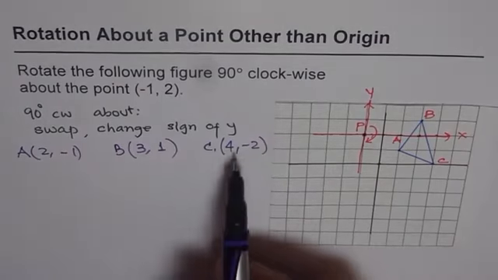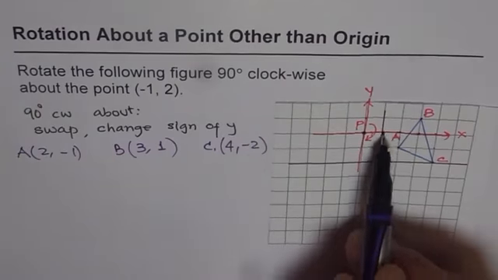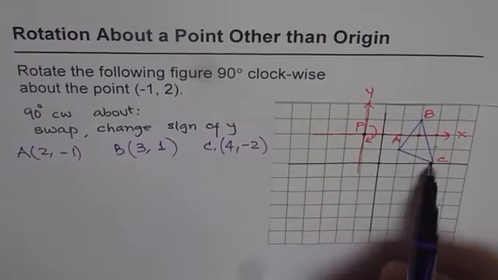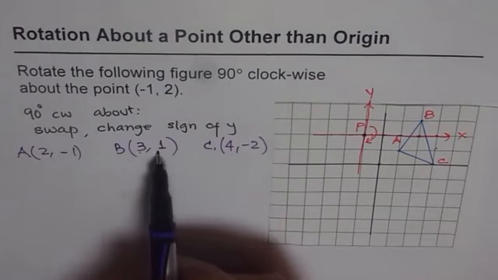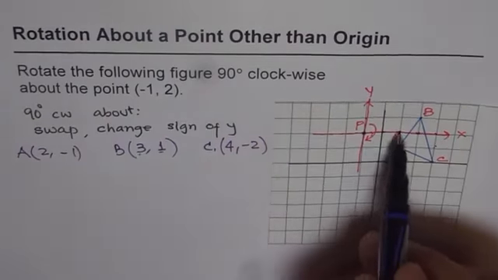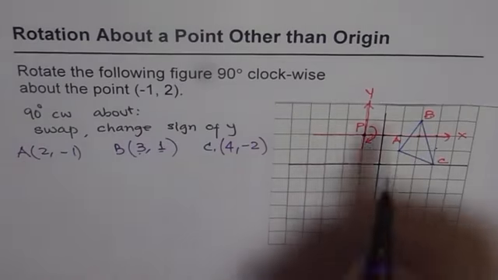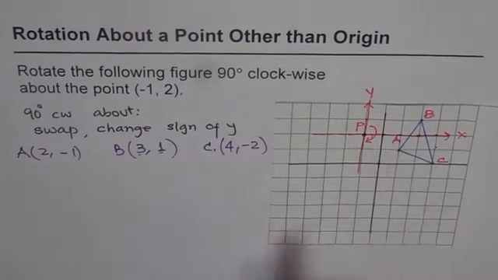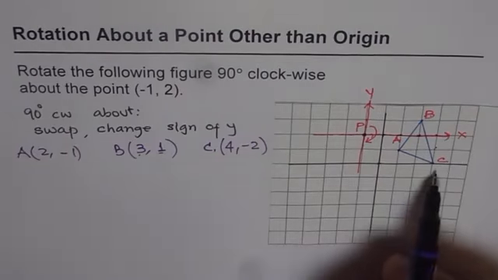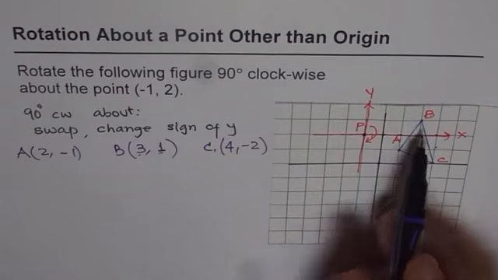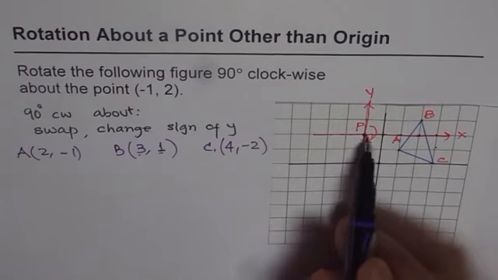From P we go 4 right, 2 down, we reach C. 3 right, 1 up, we reach B. And A is 2 right, 1 down. That's correct. So these are the positions for A, B, and C with respect to P for our new coordinate system, where P is the origin.